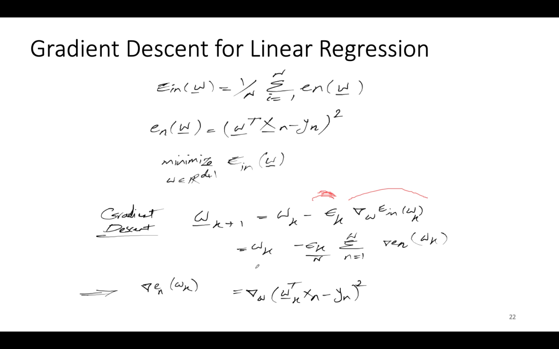If you expand this, it's going to be wk minus delta k divided by n, summation of all those points. And at the end of the day, if you just go on forever, you're going to find exactly this. You can easily see in the next slide that if we go on for large n, those two solutions would converge to each other. So actually, by having gradient descent, we can converge to that pseudo-inverse.